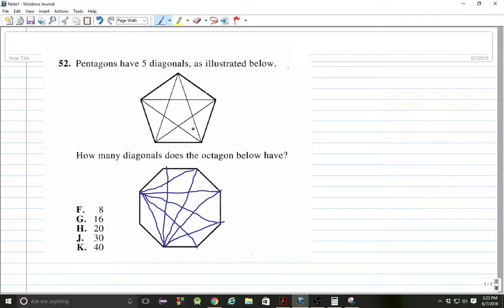So what we actually have is 5 plus 4 plus 1, 2, 3, 4, 5.